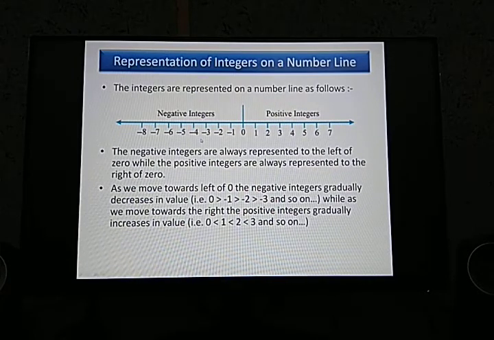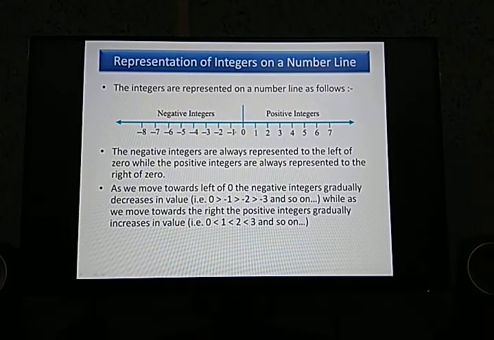So as we move, the number which is on the left side, its value decreases in case of negative integers. That is, when we move from -1 to -2, the value of -2 is less than that of -1. Again, when we move to the left, that is -3, the value of -3 is less than that of -2. Clear? So as we shift towards the left, the value of that negative integer decreases.